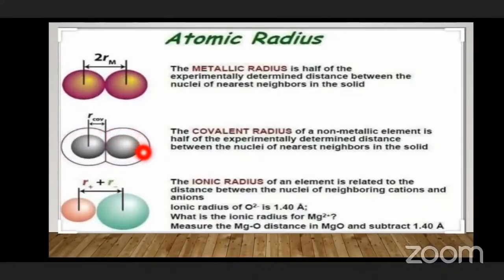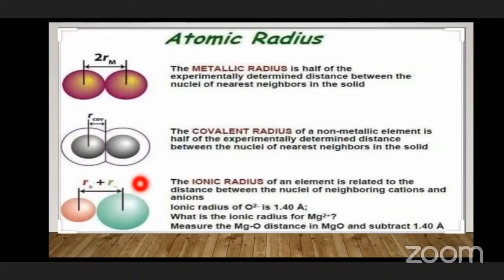Then after that, now we are going to discuss the ionic radius. Children, we know very well when an ionic bond is formed, when a covalent bond is formed, when a metallic bond is formed. Ionic bond formation definitely requires two ions. One is a cation which contains a positive charge, one is an anion which contains a negative charge.